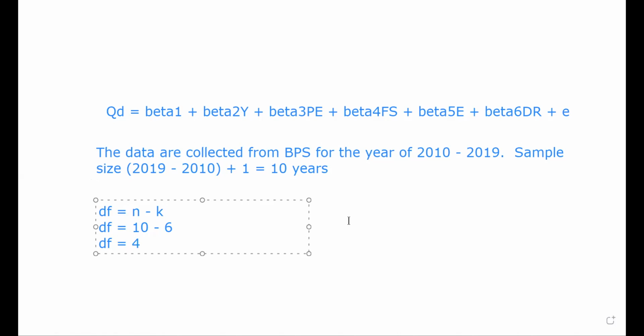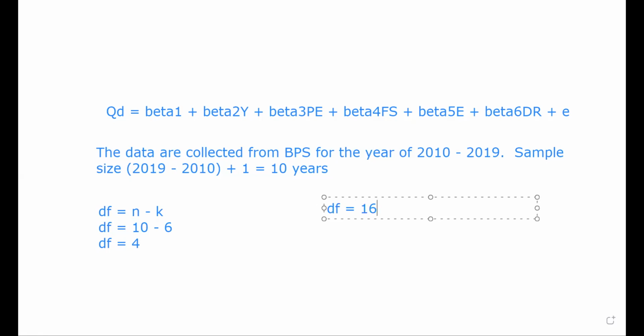But if we look at the distribution of Durbin Watson, for example, the minimum degree of freedom is 16, but we have only 4 here. So because we have too small a sample size, this will create the problem of multicollinearity in our model. So please find a large sample size to avoid perfect multicollinearity.